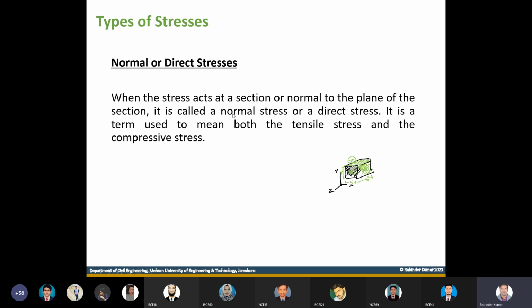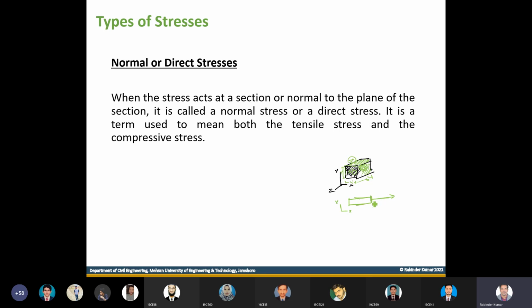So normal stress is when the stress acts on a section. This is a kind of section normal to the plane. That means perpendicular. जिस तरह ये है. If I draw the front view of this, so this is x, this is y. So if this stress is acting perpendicular to this plane, okay?